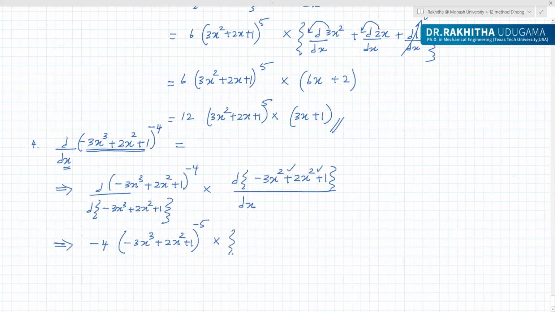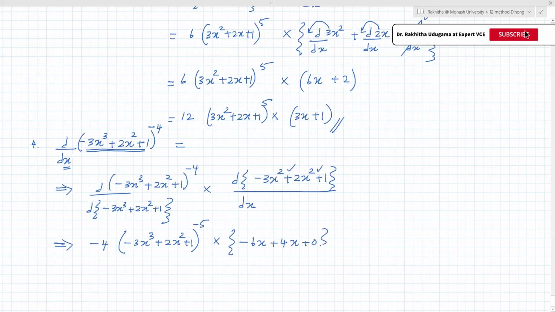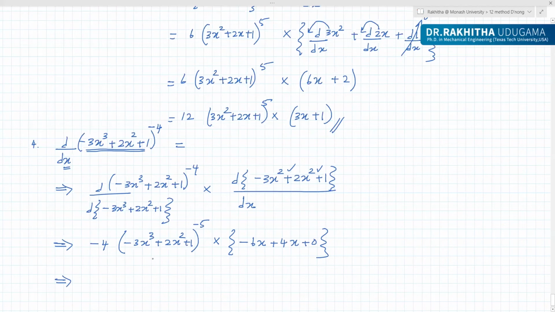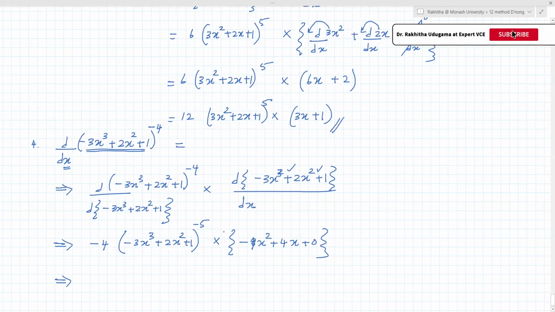So it's going to be minus 6x. Here it should be 4x. It should be 0 there, right? It's minus 3x to the power of 3. Oh, sorry. So it's going to be 9, right? Yeah, 9 squared.